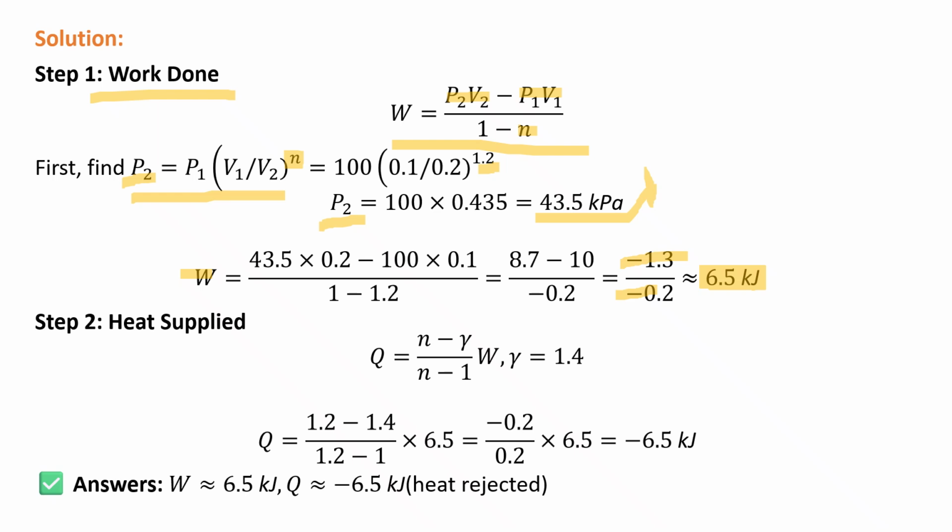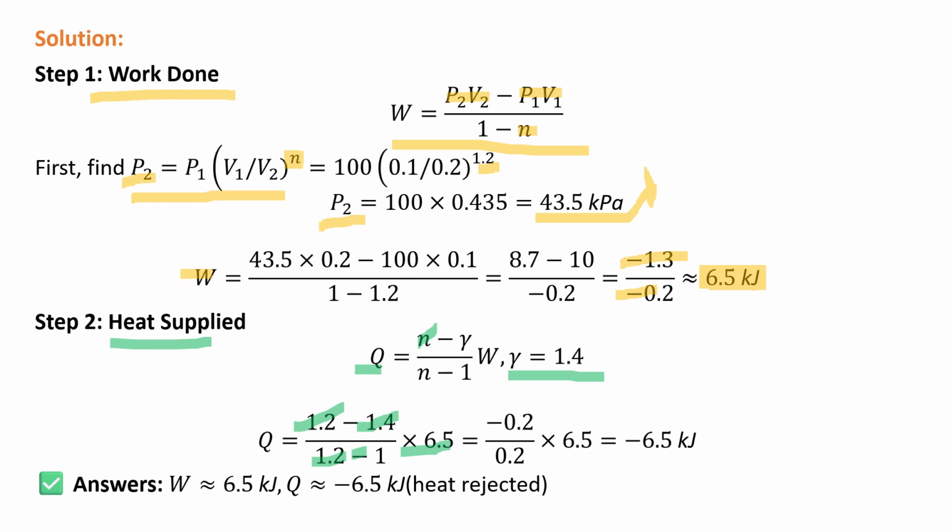Now the next task is to find out heat supplied Q. That is (n minus gamma) divided by (n minus 1) into W. Gamma is 1.4, that is known to us. n value is 1.2. So (1.2 minus 1.4) divided by (1.2 minus 1) into the value of W, that is 6.5.